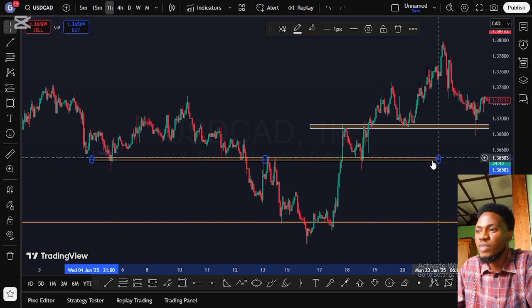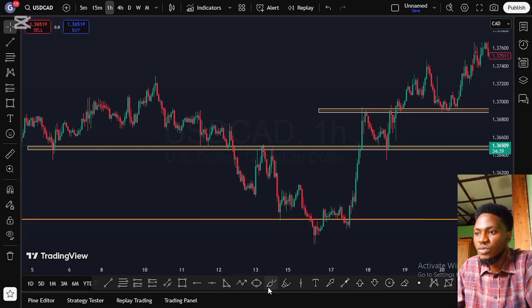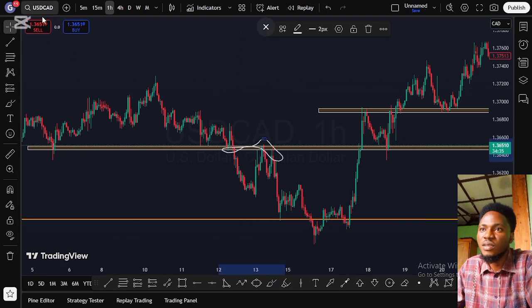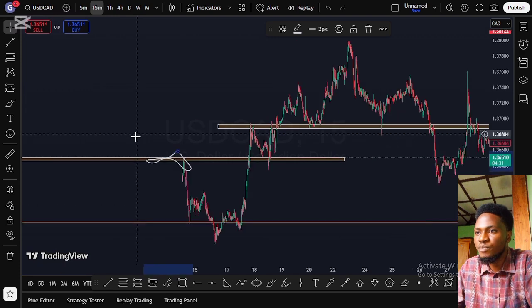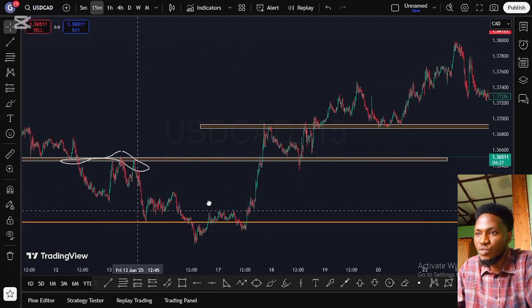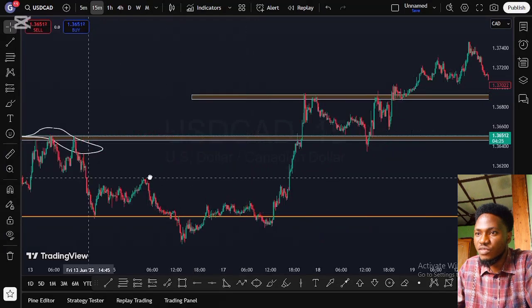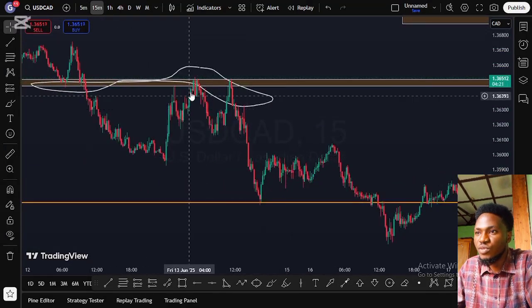Price has come back into this zone. I'll mark that out and go on the 15 minutes. And this is it right here. You can see no candle is closing above that zone. They are rather giving us rejection and a sweet double top. Very sweet double top.